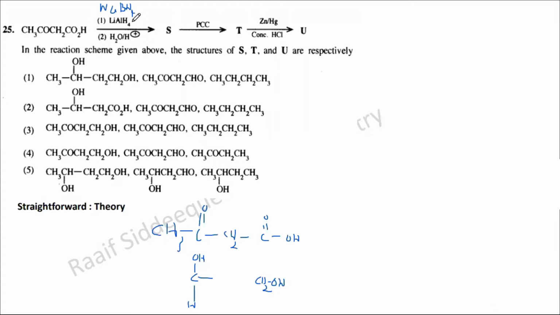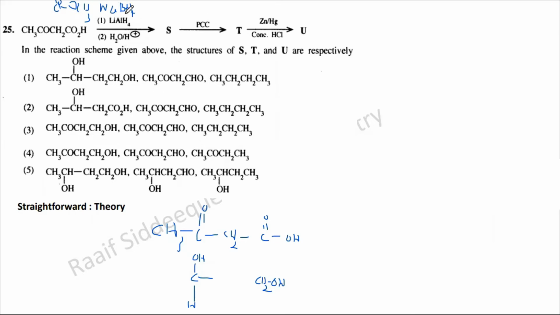So when you have a carbonyl or even a carboxylic acid, and also if you have an ester group, let's say COOCH3 instead of COOH, when you have lithium aluminium hydride, it can reduce all these.